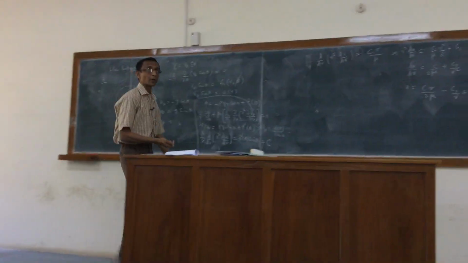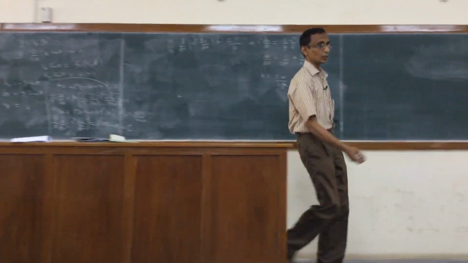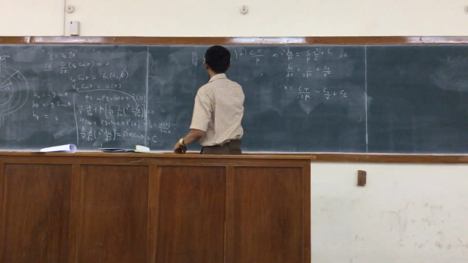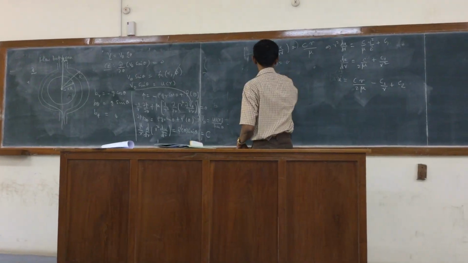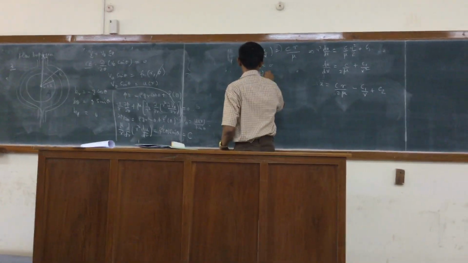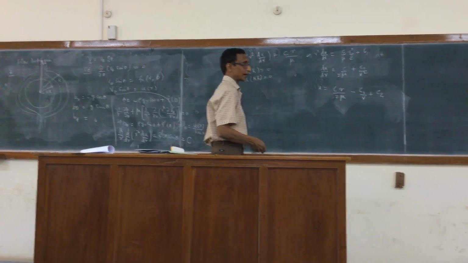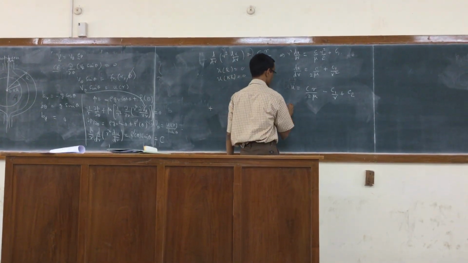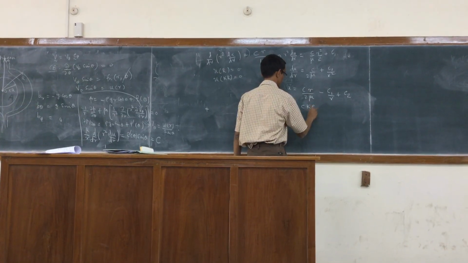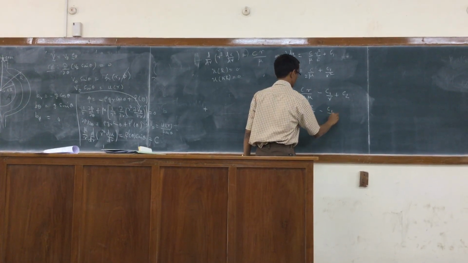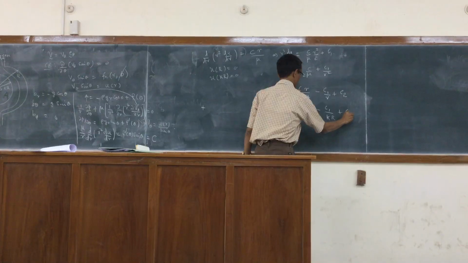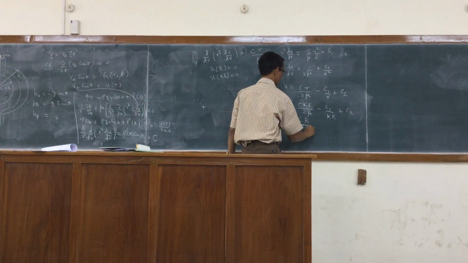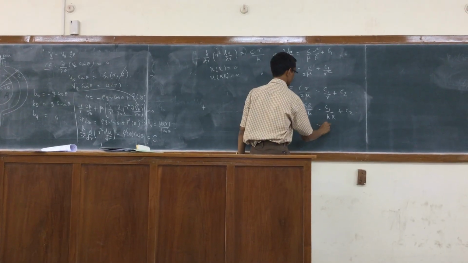You can clearly apply the no slip conditions. u would be 0 at both, and you can easily determine c1 and c2. So 0 is equal to r by 2 minus c1 by r at each boundary.